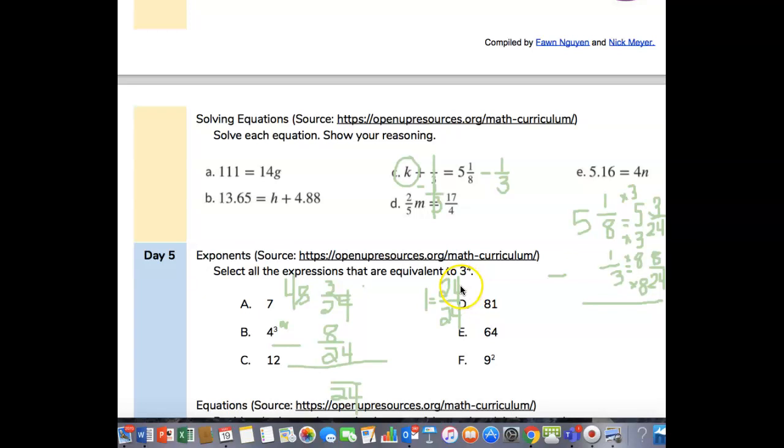So we are not going to add anything in the denominator. 24 plus 3 is 27, so we get 27/24ths. Now we have 27/24ths take away 8/24ths.